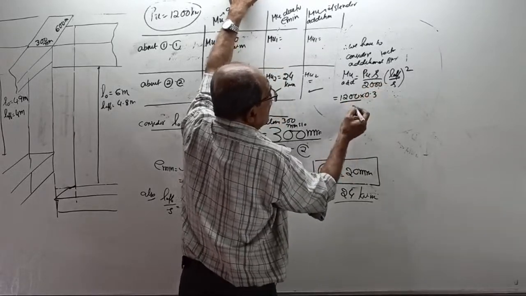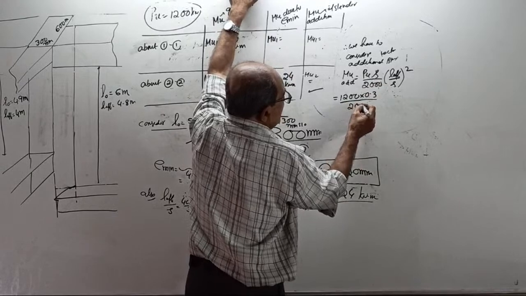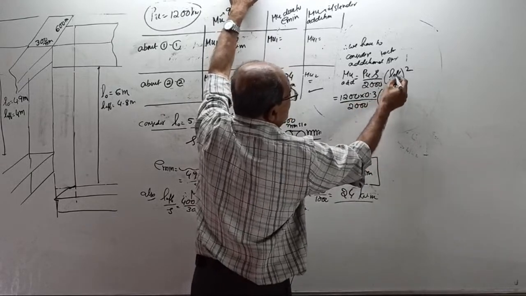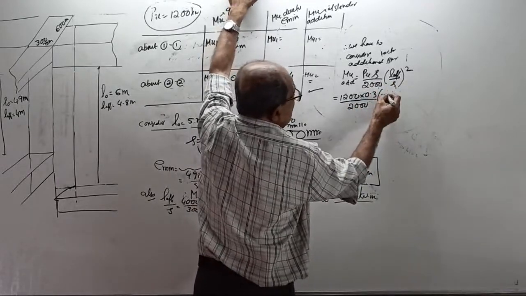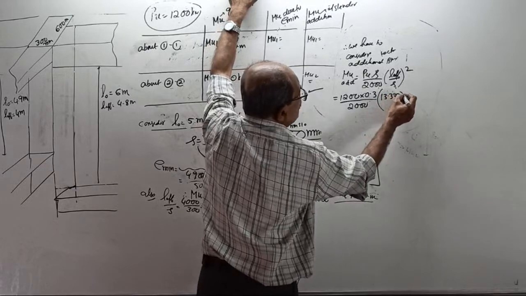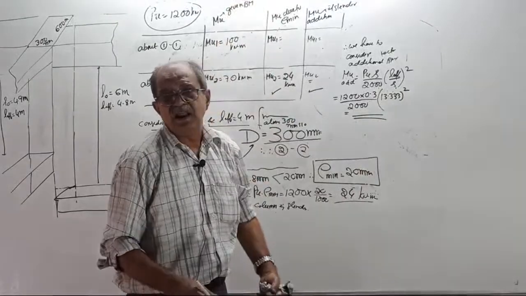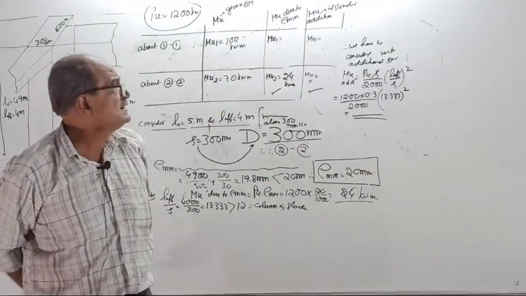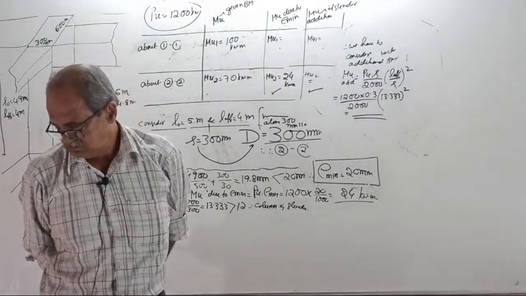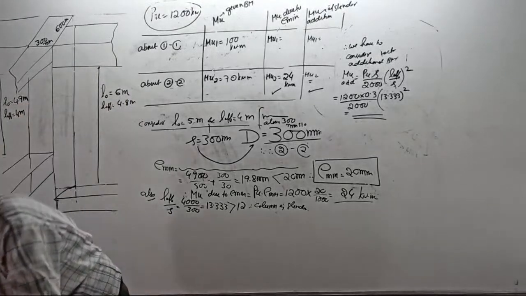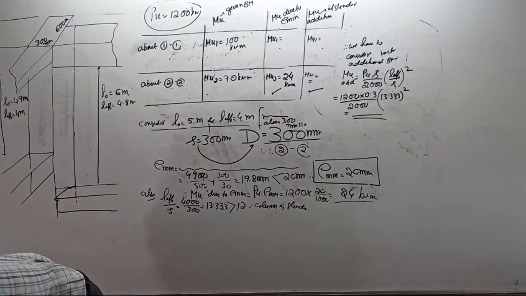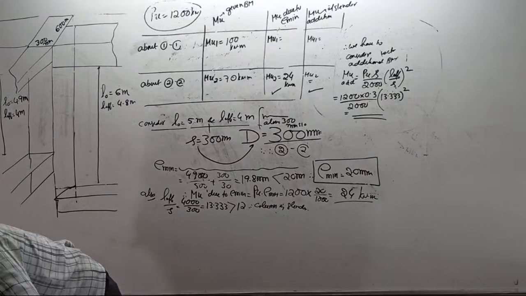Why? I want meter. Divided by 2000 into L effective by S is 13.333 square. Tell the bending moment. Extra BM you have to consider. How much? What is the additional BM you have to consider?